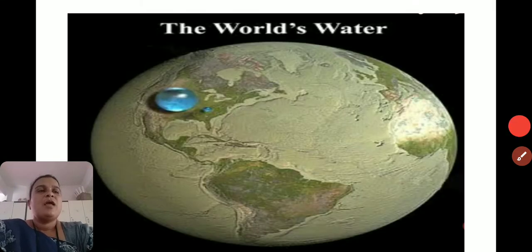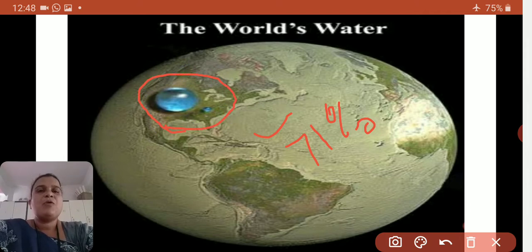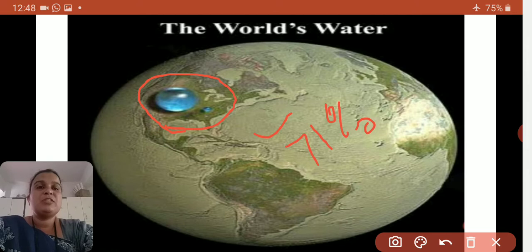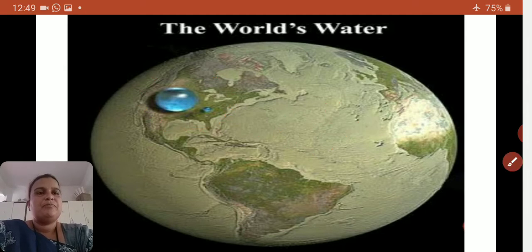But a very small amount of water is fit for human consumption, and for that reason there is a need to save water again and again.